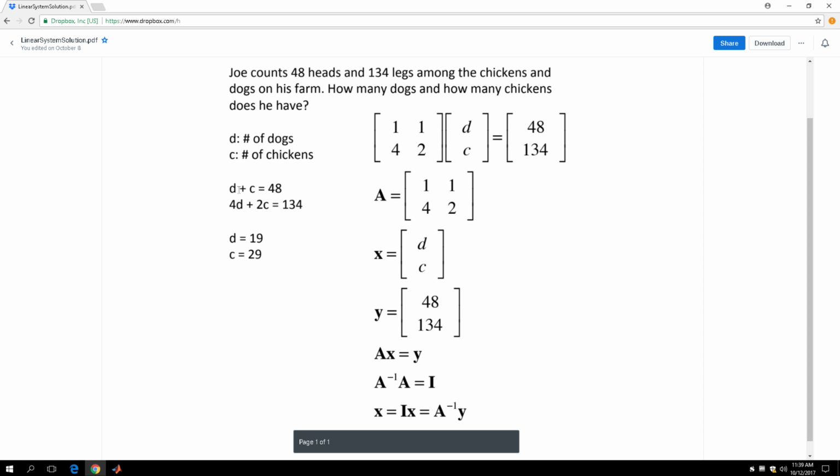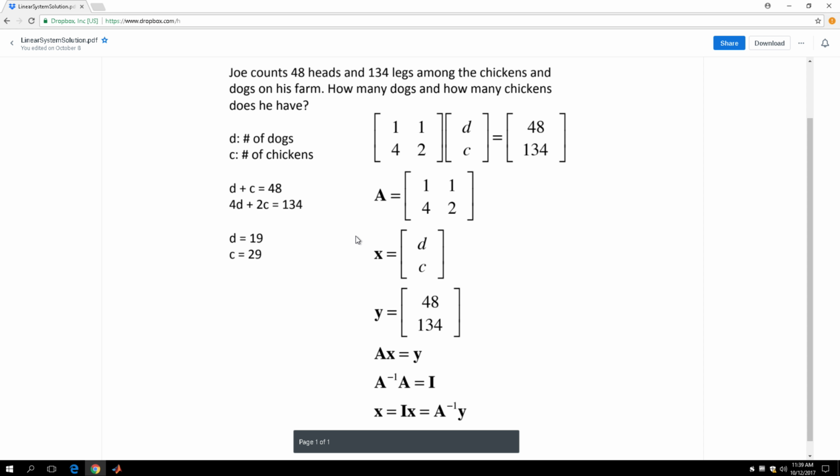So these two equations are equivalent to this particular representation using matrix vector operations, right? So now we have come up with a slightly more general form to represent these two equations, right?